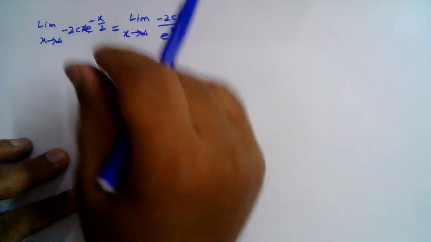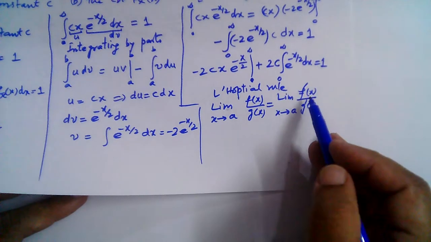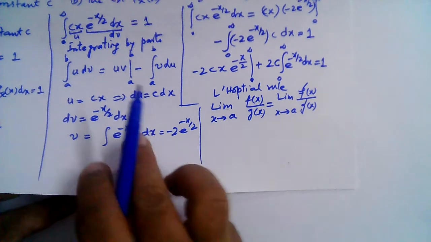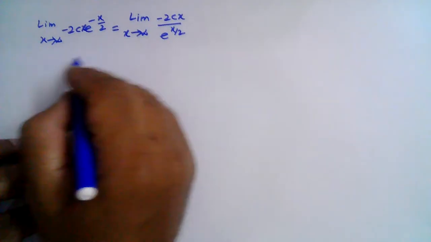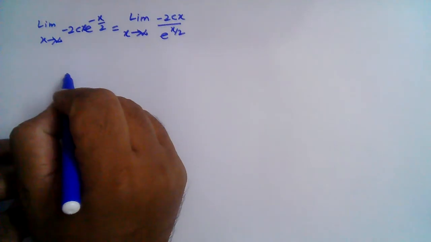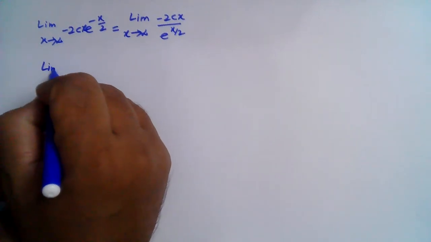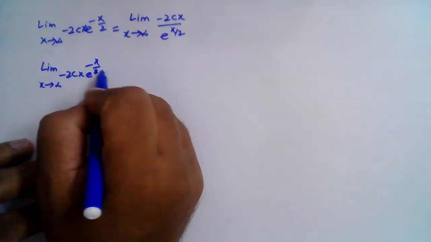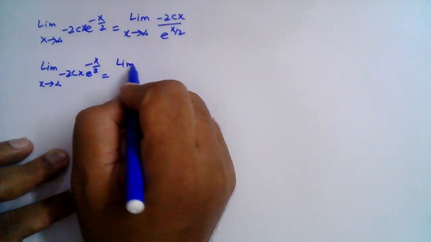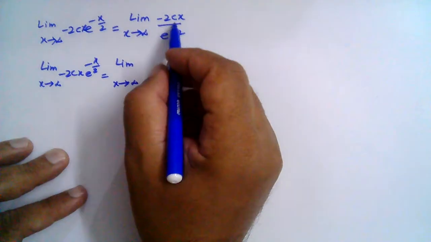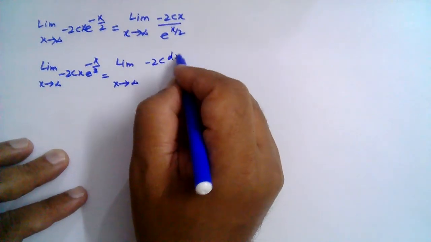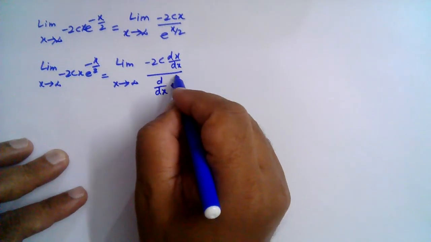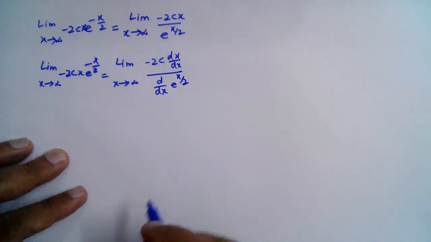And now using this rule, we can differentiate the numerator and the denominator. So this is equal to the limit that x tends to infinity of minus 2cx e to the power minus x over 2, which is equal to the limit that x tends to infinity of the derivative d by dx of minus 2cx divided by d by dx of e to the power x over 2, right?